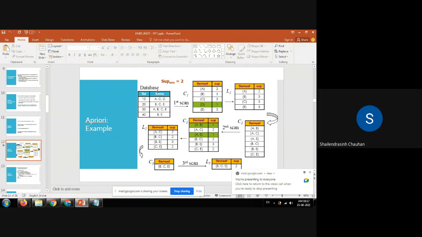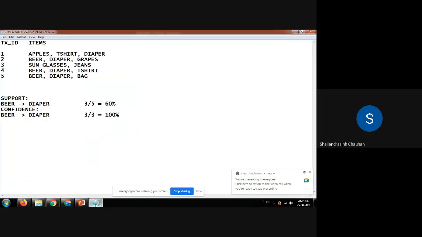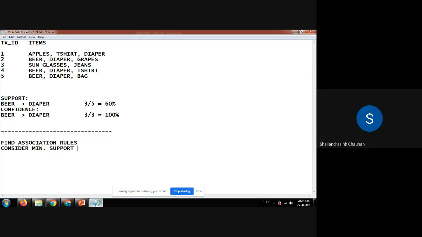Minimum support and minimum confidence will be given to you, and you will be asked to find association rules for the given transaction table. Consider minimum support equal to 50% and minimum confidence equal to 70%.